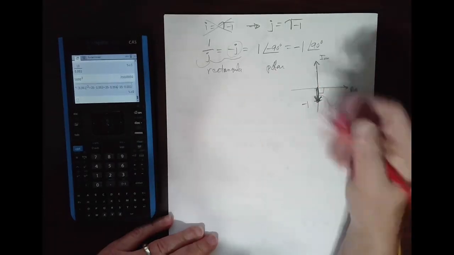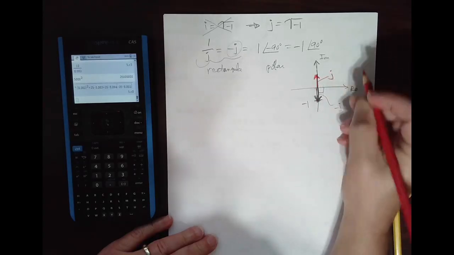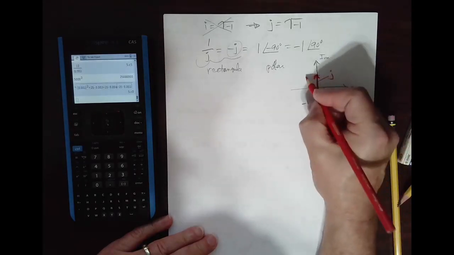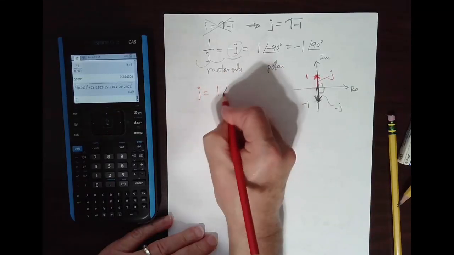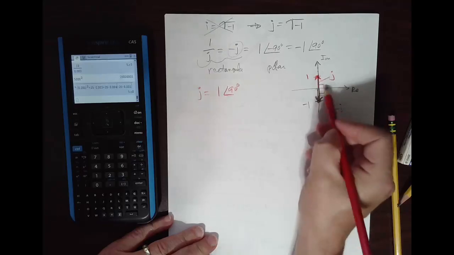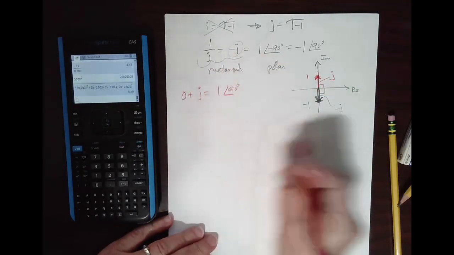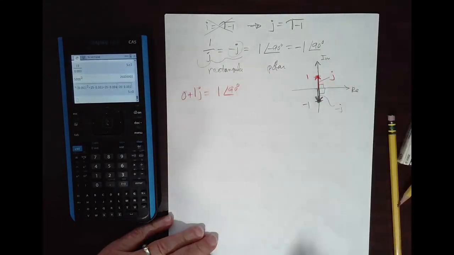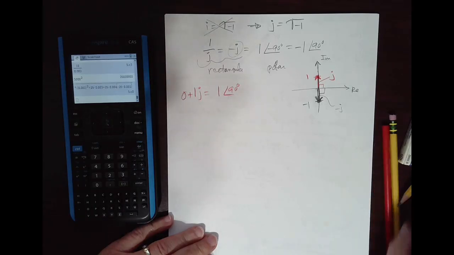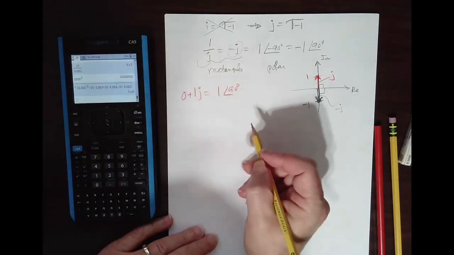If we wanted just J itself, this would be J, right, because it's 1 high. And so J itself is also 1 at an angle of 90 degrees when we put it in polar form. We could say 0 plus J, because it's got 0 real part, 1 in the imaginary direction, positive in this case.